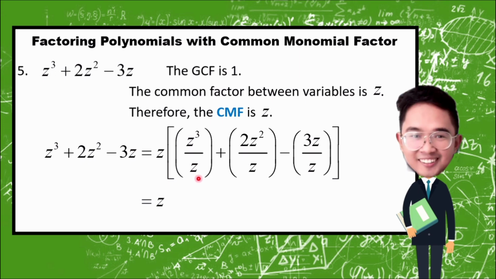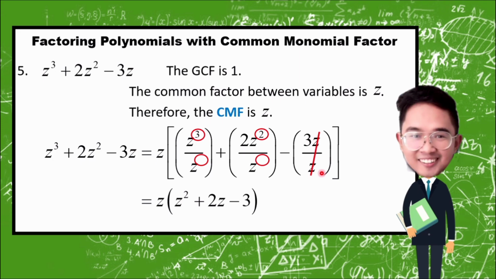z cubed divided by z, the answer is z squared plus 2z squared divided by z, the answer is plus 2z, and 3z divided by z, cancel out z.